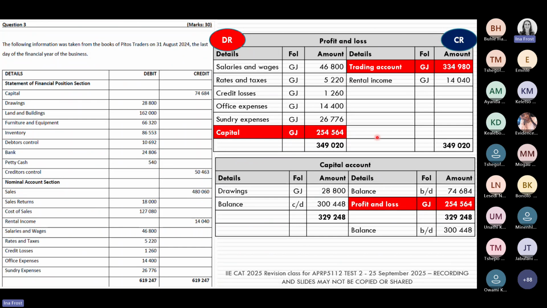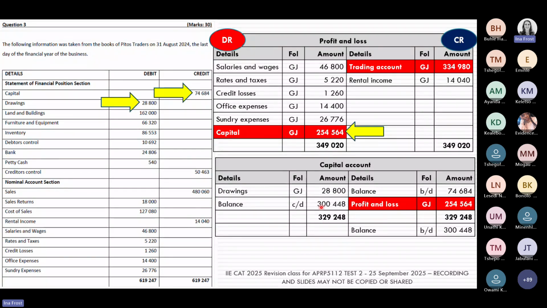And then the owner gets to keep all of the profits we've made during the year, and we add that for the owner to the capital account. So it's your capital from your trial balance, your drawings, and then the profit. That gives you the new capital account balance for this owner in this business.